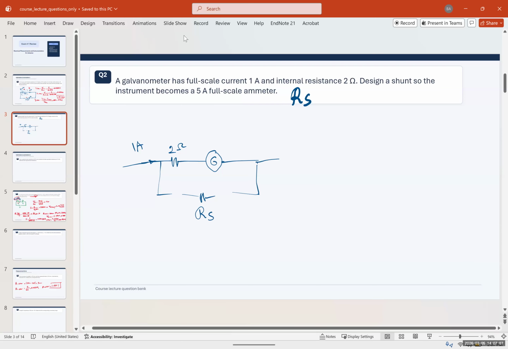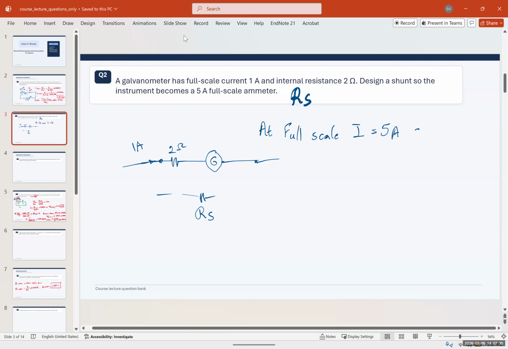At full scale, I is 5 amps. This is what we want.